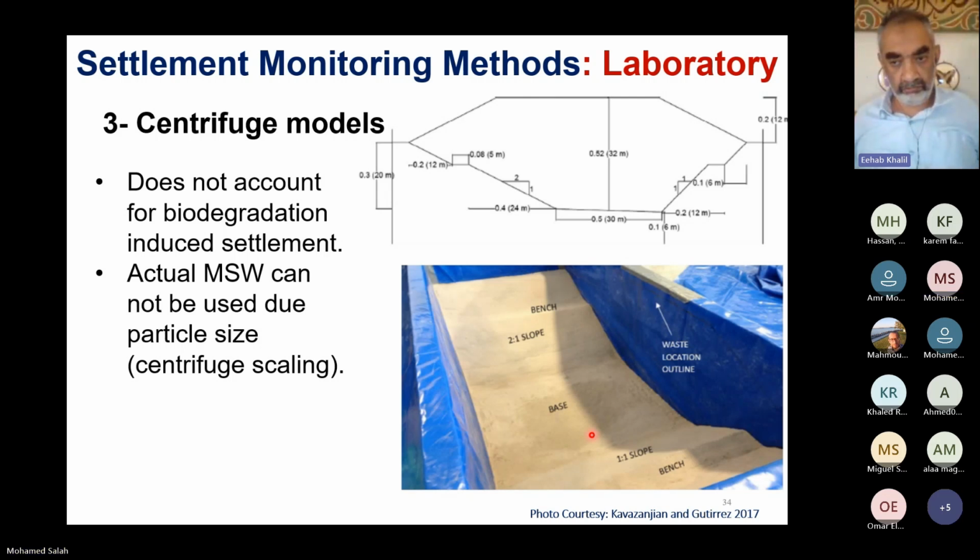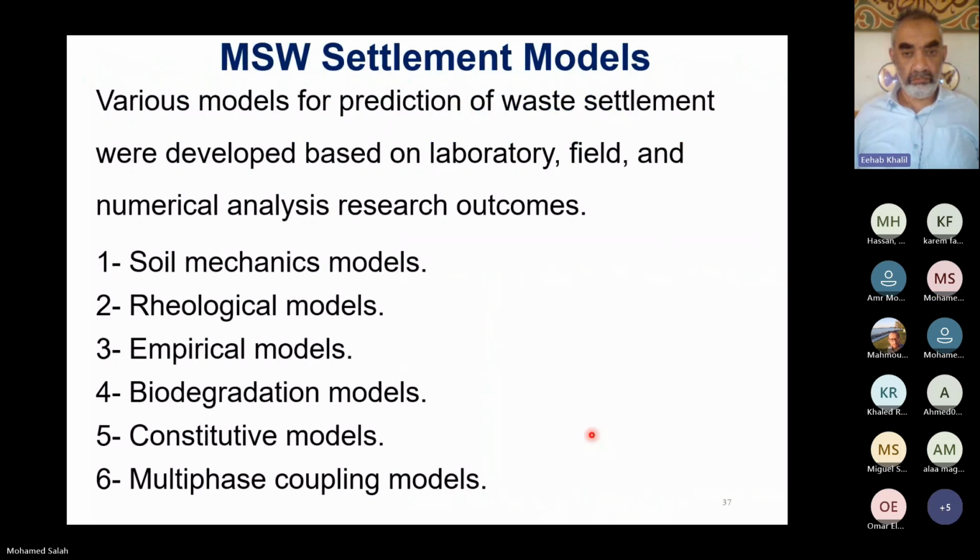After we have seen the factors that affect the settlement of the waste and the different approaches to detect, monitor, or observe the waste settlement, let's see very quickly the municipal solid waste settlement models.